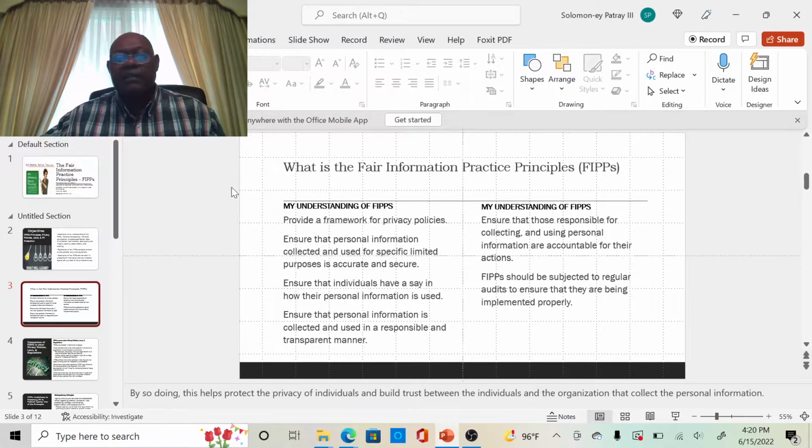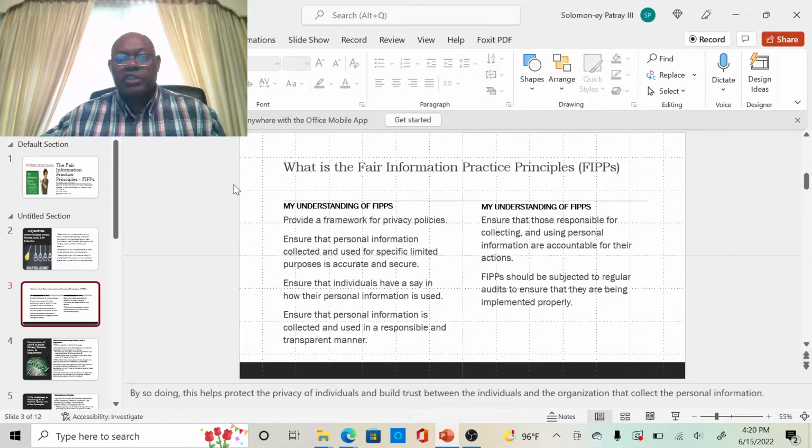My understanding is that FIPPs provide a framework for privacy policy and ensure that personal information collected and used for specific limited purposes is accurate and secure. FIPPs ensure that individuals have a say in how their personal information is used.